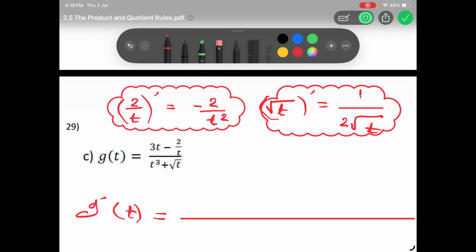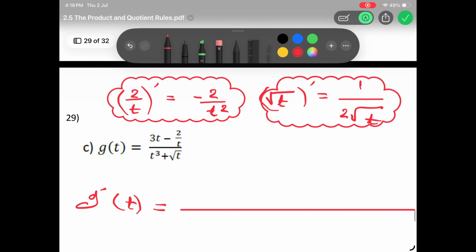Okay, so look at this now. Now here we will apply the quotient rule, taking into consideration these two rules in the top. So here I will take the denominator to the top, so it will be t cubed plus radical t, times the derivative of the top. The derivative of the top here is 3. It will be plus, because we have minus 2 over t, it will be 2 over t squared, minus.